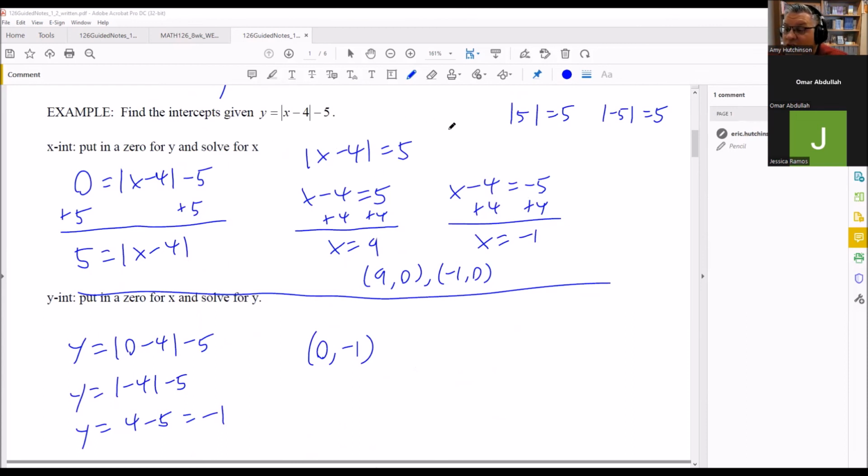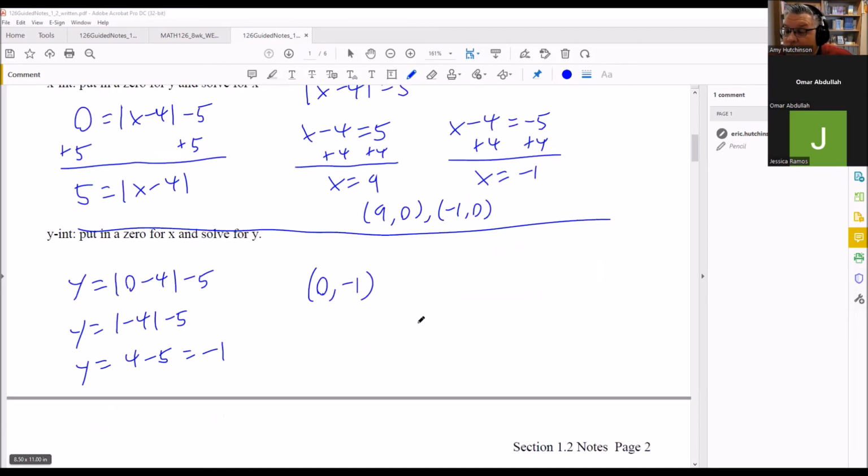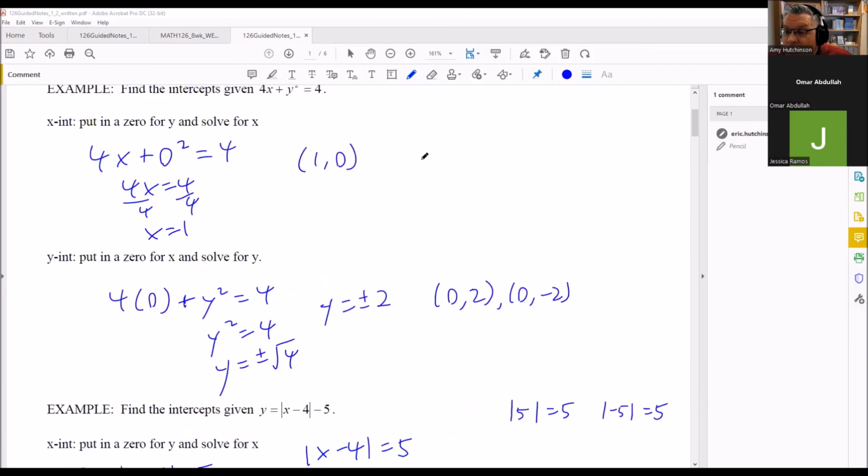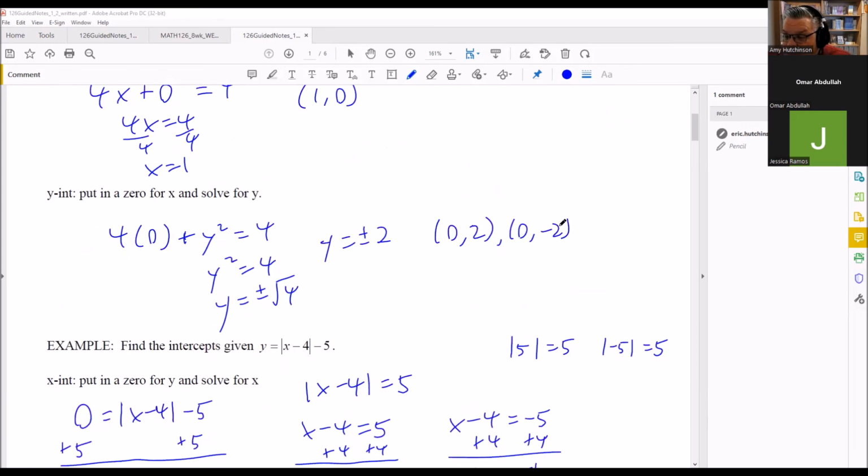With absolute values like this, the only way to solve them is to set up two different equations, one with a positive 5 and one with a negative 5, and that's why you got two answers. It's the right algebraic process to solve an absolute value. We didn't get that on the other ones because there was no absolute value, so we only got one answer there.